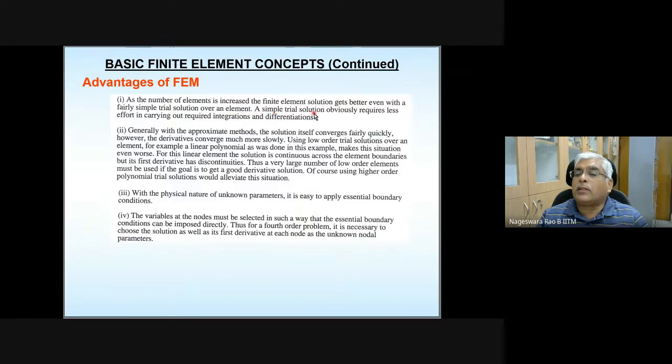A simple trial solution obviously requires less effort in carrying out integrations and differentiations. When something is linear and you take its derivative, you get a constant. So when the trial solution is simple, doing all these integrations and differentiations becomes less complicated.